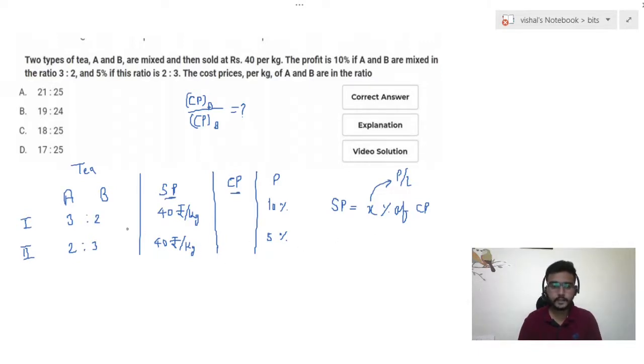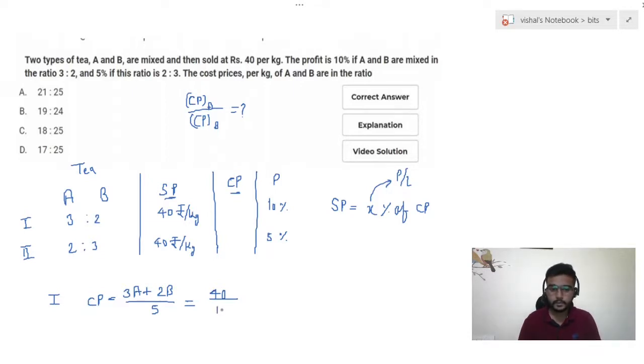We can write for the first type that the cost price equals 3A plus 2B, multiply both of these terms divided by the summation of ratio, which is equal to the selling price 40 divided by the total percentage.